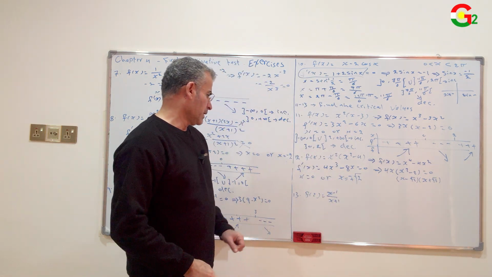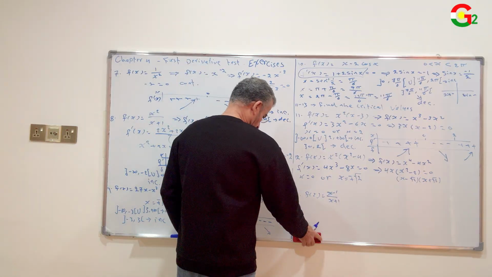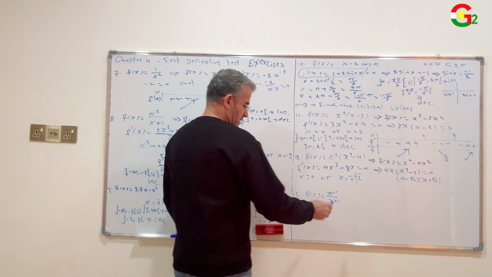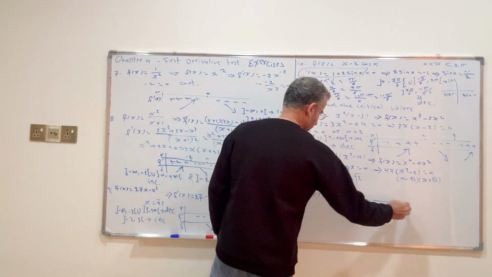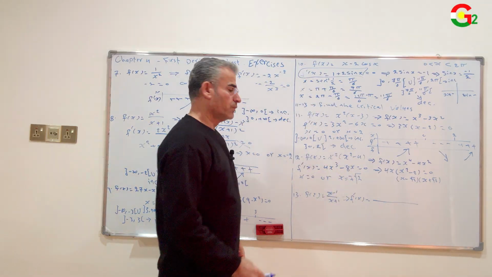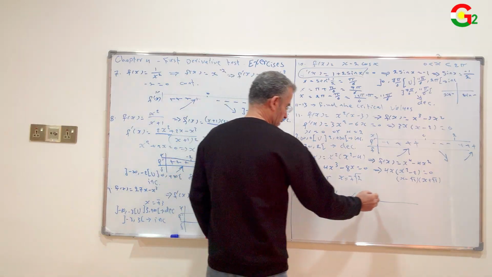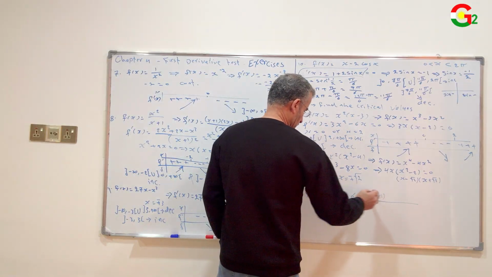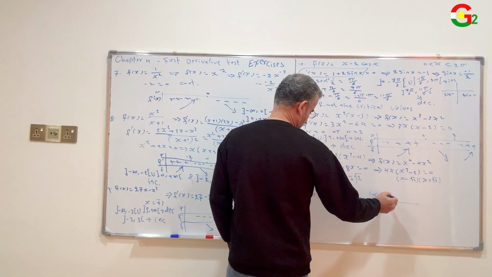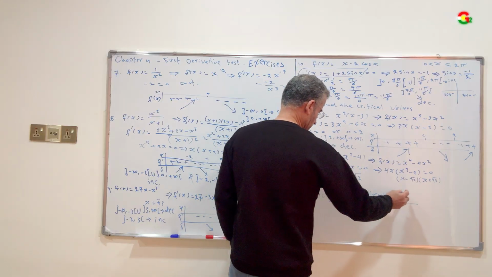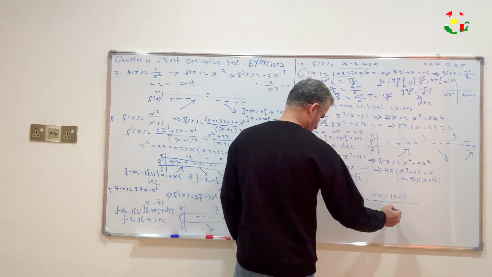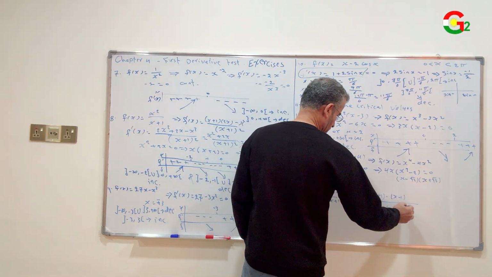Question number 13, f of x equals x minus 1 over x plus 2. Find the derivative of this function. Apply the rule of division of two functions: the denominator times the derivative of the numerator, 1, minus the numerator, x minus 1, times the derivative of the denominator, 1, over the denominator squared.